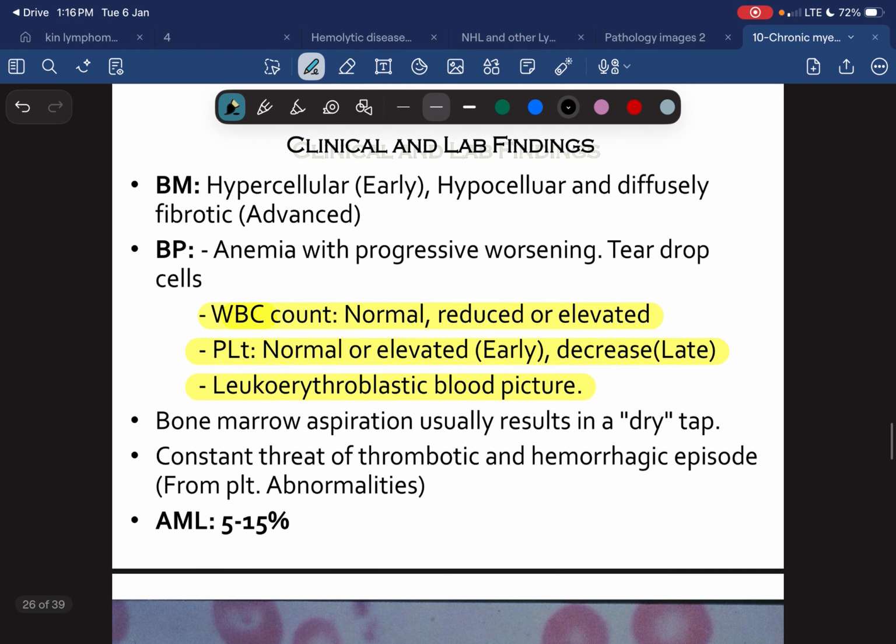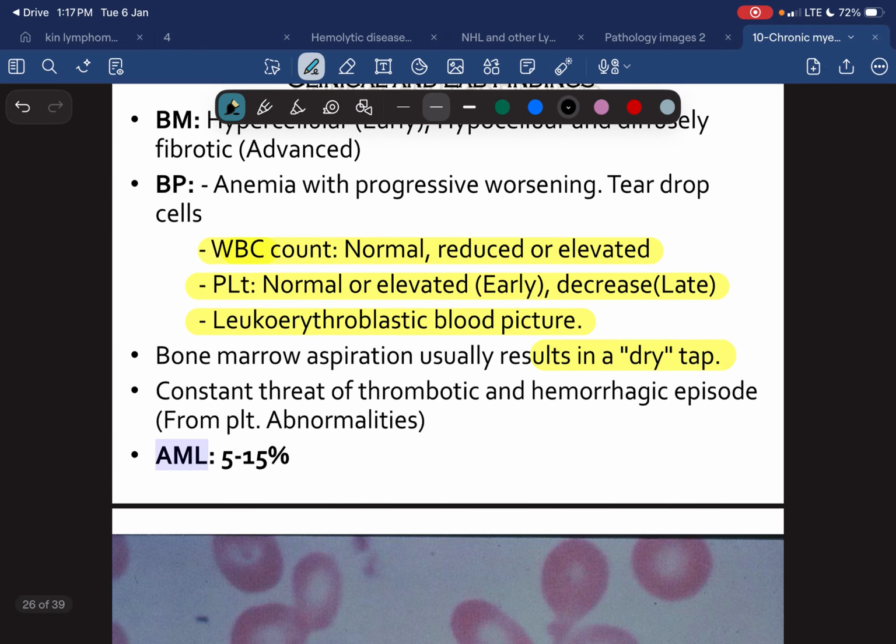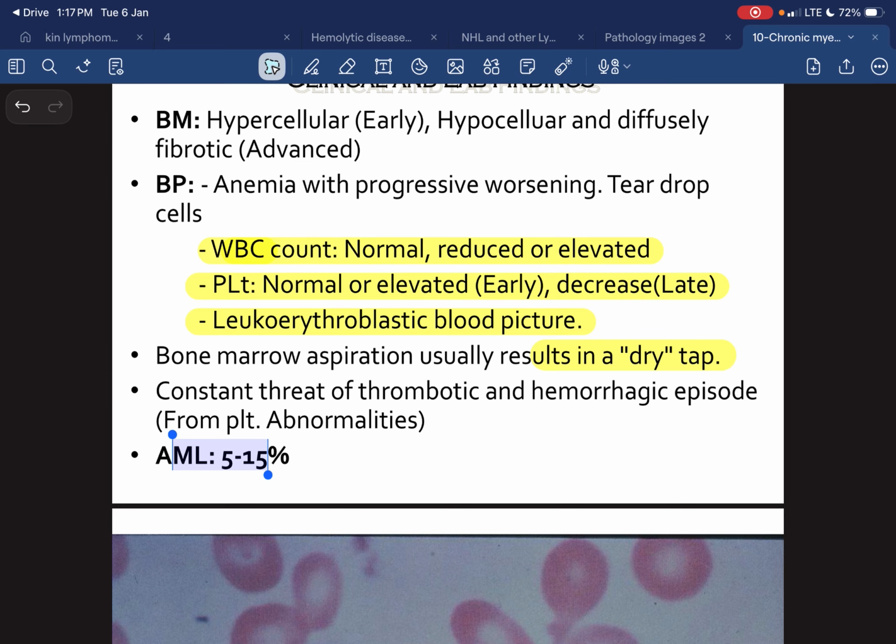When we take a bone marrow aspirate from the bone marrow, it will be dry. The sample will be dry because of the fibrosis involving the bone marrow. There is risk of blast formation also, seen in 5 to 15% of cases.